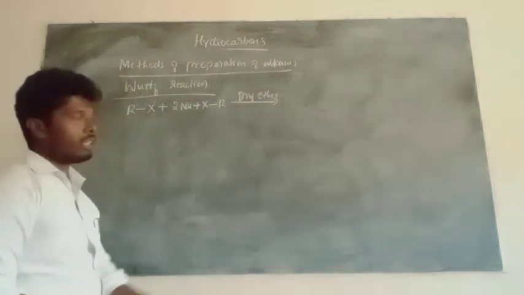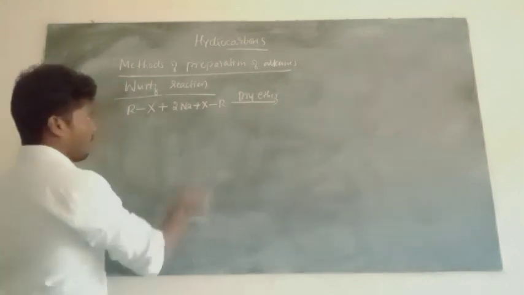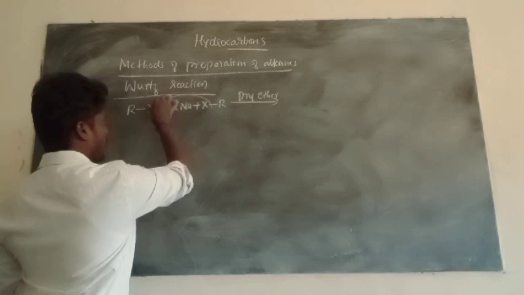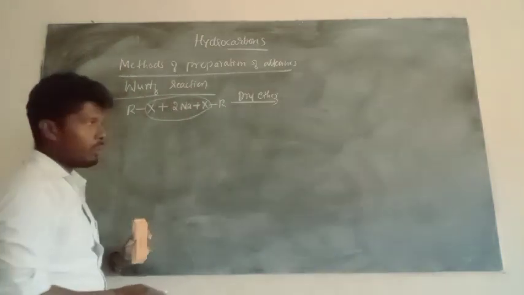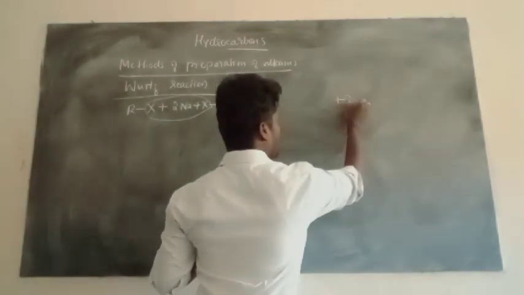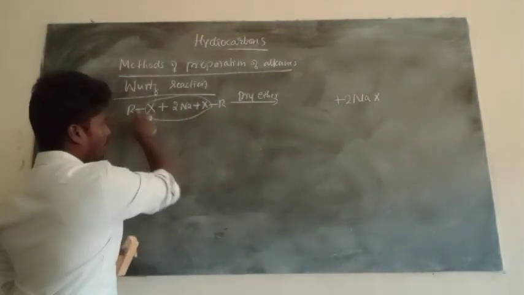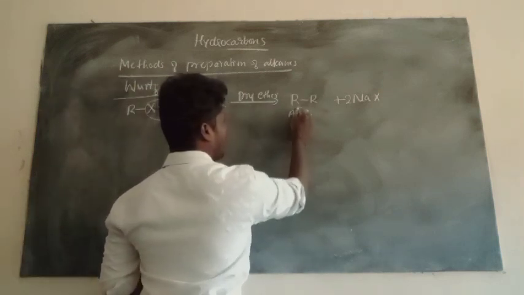It means without moisture, moisture-free ether, dry ether. So these two in presence of dry ether solvent, haloalkanes with sodium becomes 2NaX plus R-R. So R and R becomes R-R. So that is called alkane.